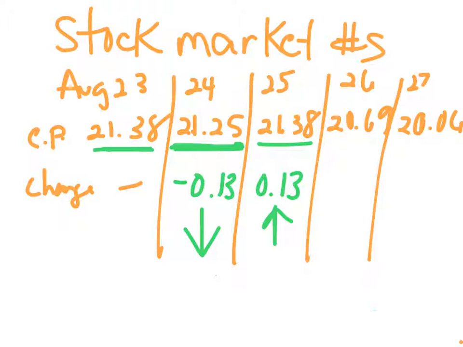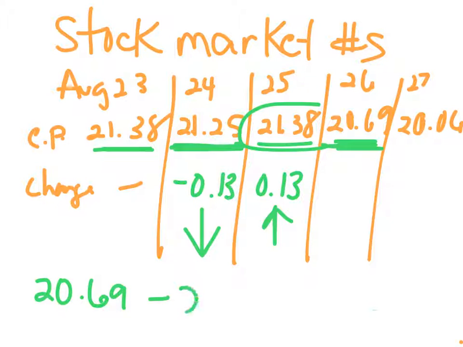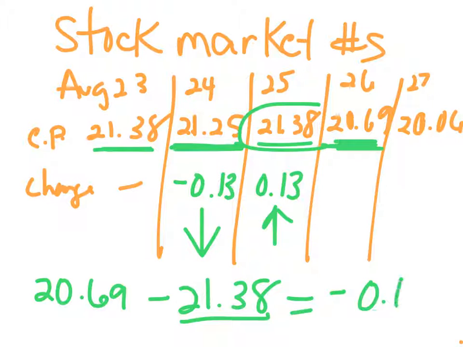And let's look at the next one. On the 26th, we had 20.69 right there, and we are subtracting from this one. Once again, I can see that this number is bigger than this number, so I know I'm going to have a negative, and the difference is going to be 0.69, and so the stock price went down.